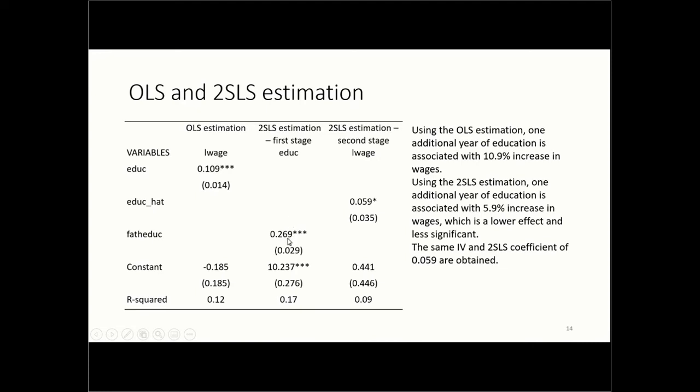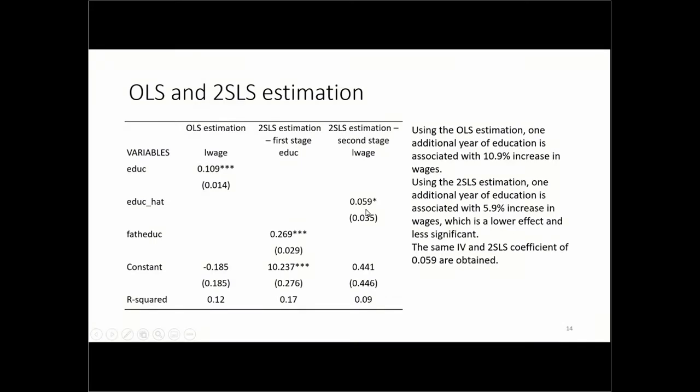That's good because we have a significant relationship between the instrument and the endogenous variable. So now from this regression, we are getting education hat. And now we are running again the regression of log of wage, but instead of education, we are basically using this education hat, which is the predicted value from this first stage. And this is that coefficient here.